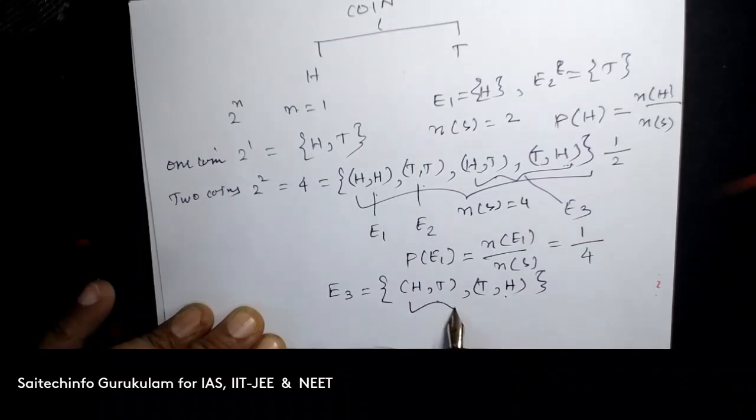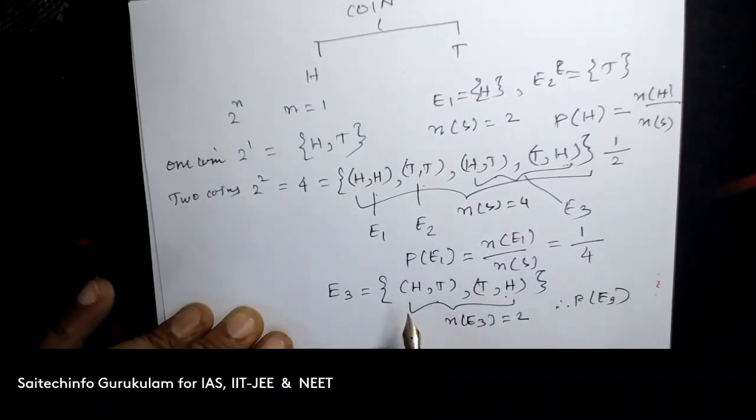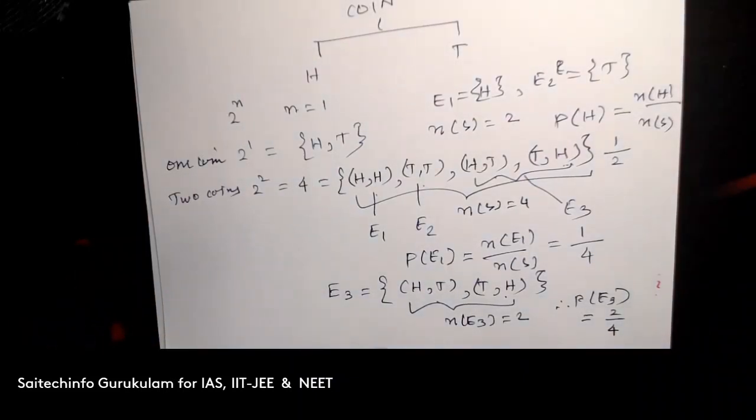So the number of E3 is 2. Therefore the probability of E3, getting the combination of head and tail, is 2 divided by 4, which is again 1 by 2.